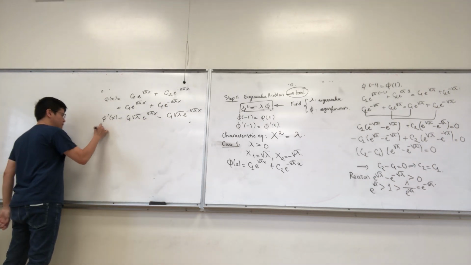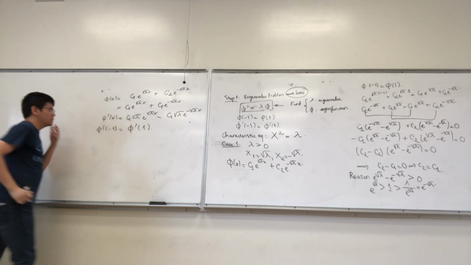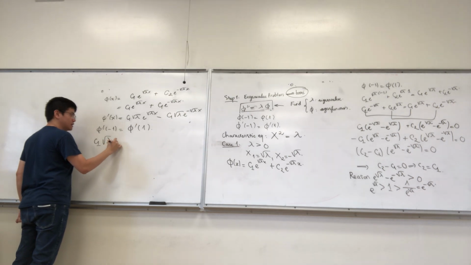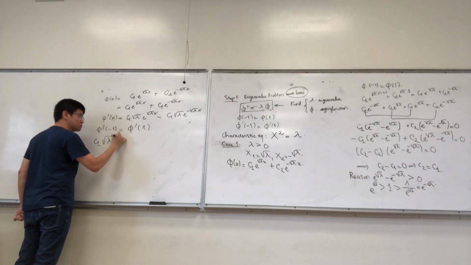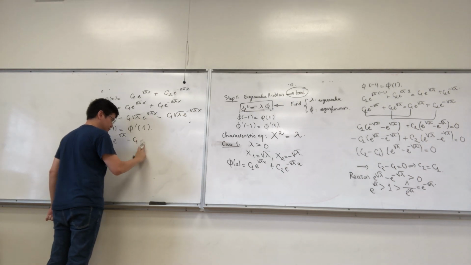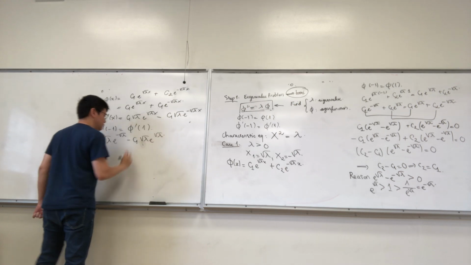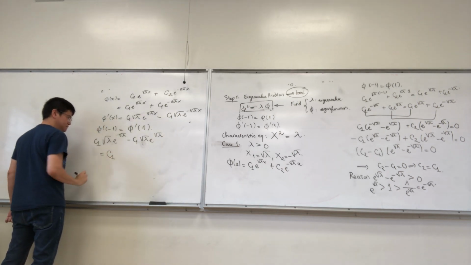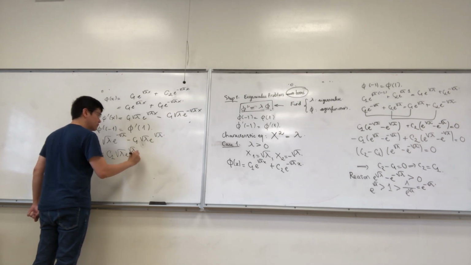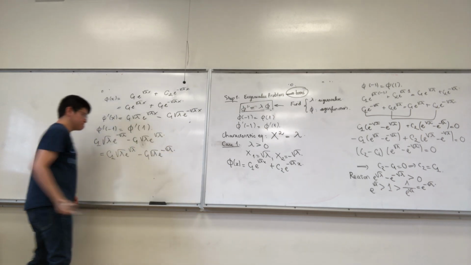Now I'm going to have phi prime at -1 is equal to phi prime at 1. Right, so I'm going to replace everything inside. So I have square root of lambda e to the minus square root of lambda minus C1 square root of lambda e to the power square root of lambda, and this is equal to C1 square root of lambda e to the square root of lambda minus C1 square root of lambda e to the minus square root of lambda.